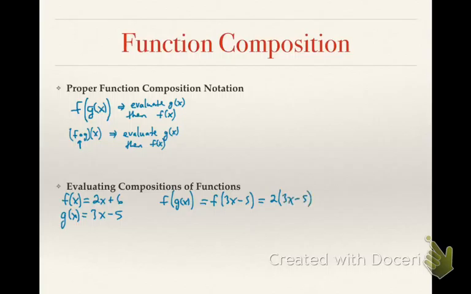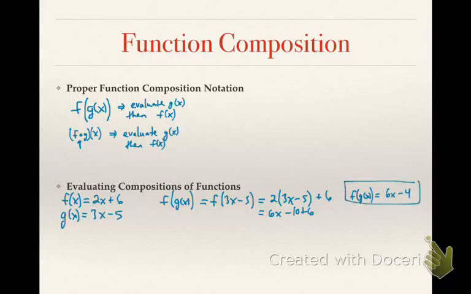So you have 2 times (3x minus 5) plus 6. And therefore, if you continue to do some work, you get 6x minus 10 plus 6. So you get a final answer: f of g of x is equal to 6x minus 4.